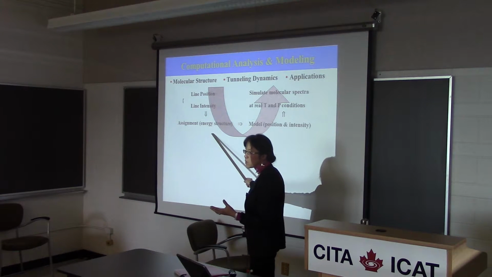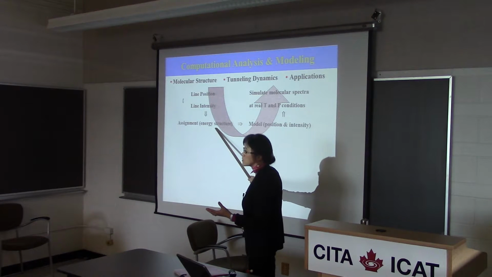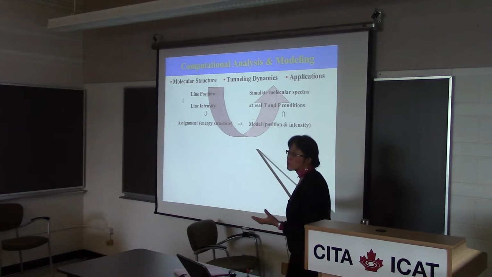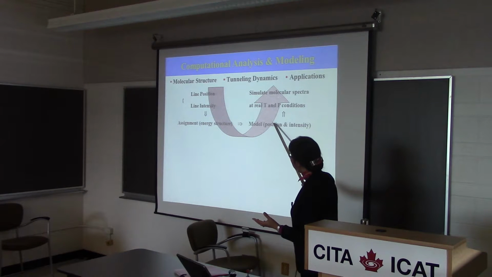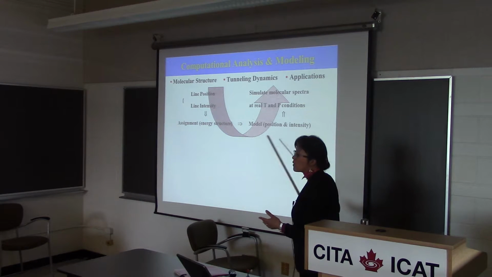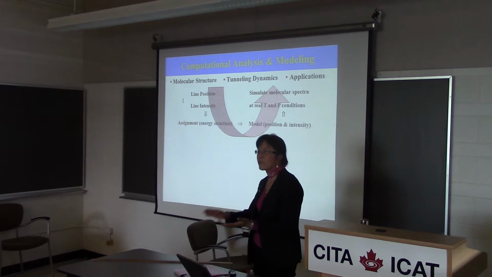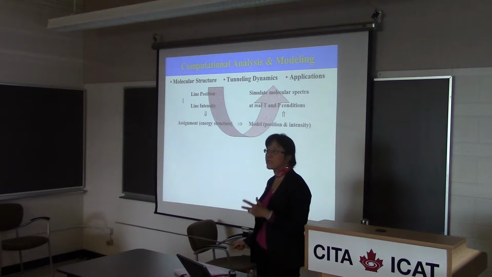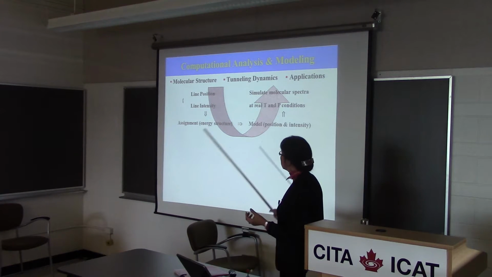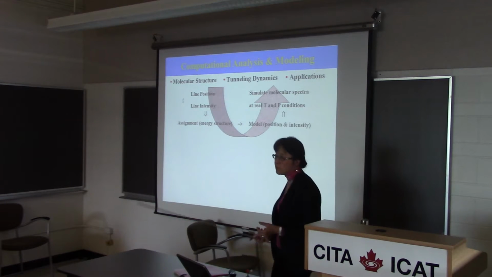From there, we reconstruct the observed energy structure, and then we feed it into a quantum mechanical Hamiltonian and fit the positions and the intensities. With that, our parameters, the eigenvalues and eigenfunctions, allow us to generate the spectrum at other temperature and pressure conditions. And those are the line lists we produce.